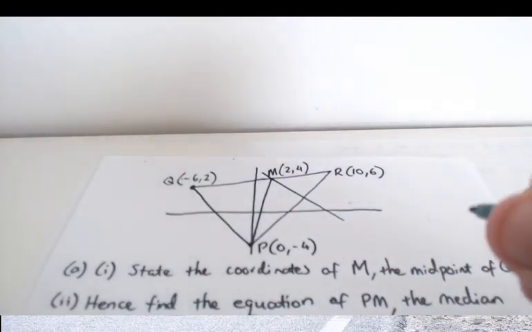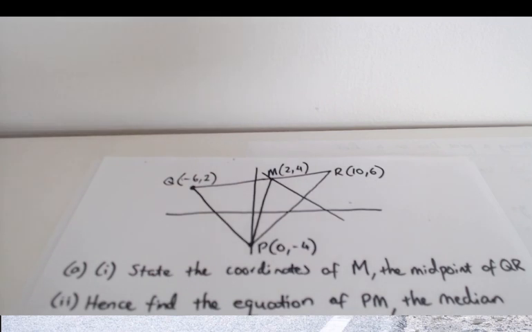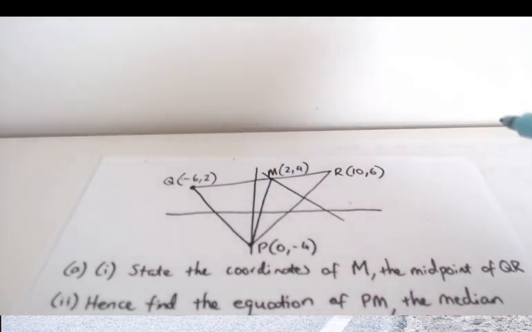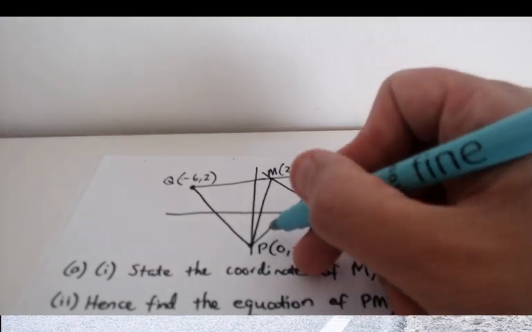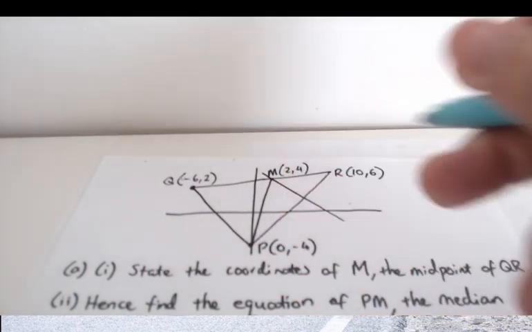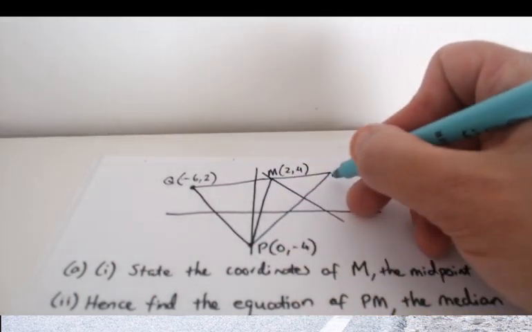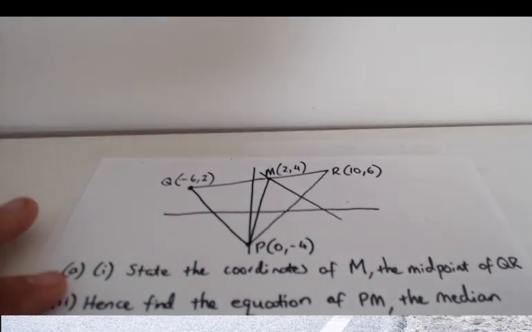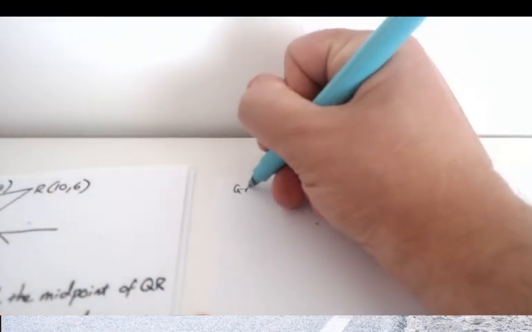So like all lines, we need a gradient and a point. We've got the point M. How will we get the gradient? It's perpendicular to PR. I need to get the gradient of PR, then the perpendicular gradient. You're basically doing a perpendicular bisector-ish, but we're using that point up there. So first things first, I want the gradient of PR.